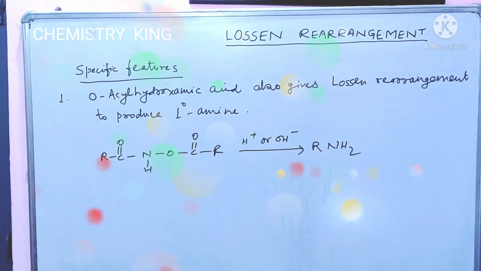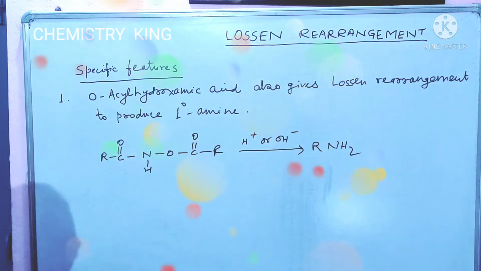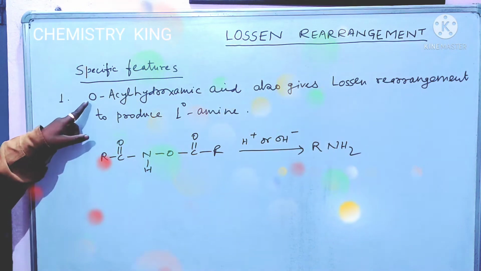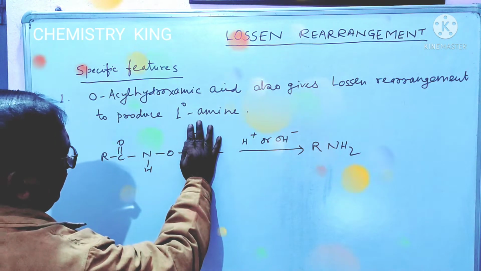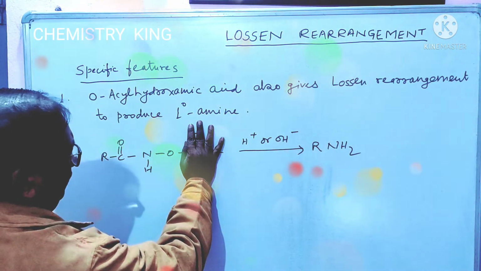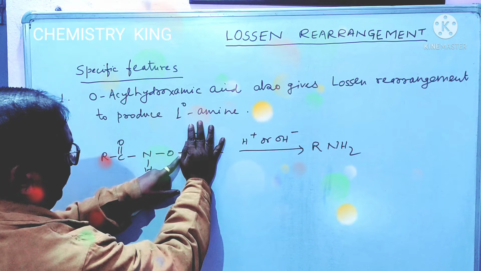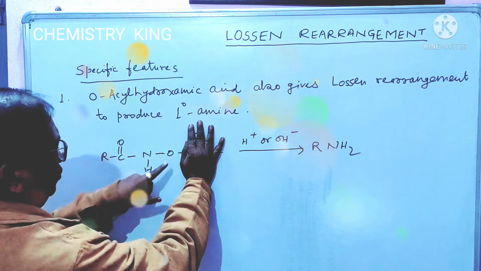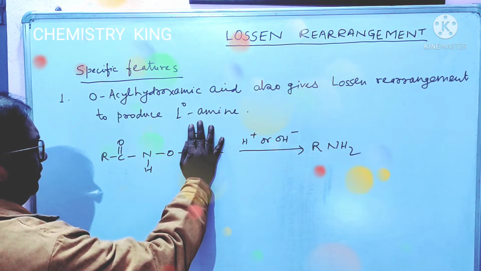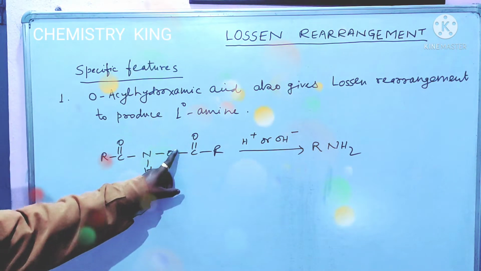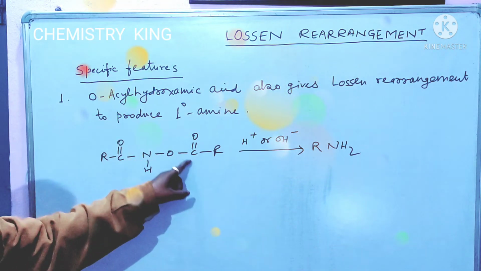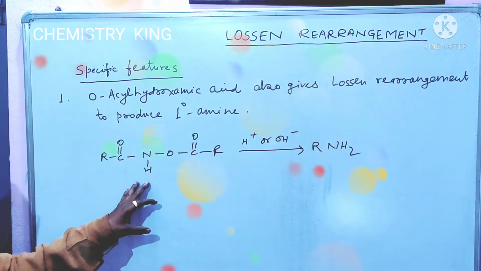Let us see now the specific features of Lossen rearrangement. First, O-acyl hydroxamic acid. When the hydrogen of hydroxamic acid attached with this oxygen is replaced by an acyl group, it is called O-acyl hydroxamic acid.